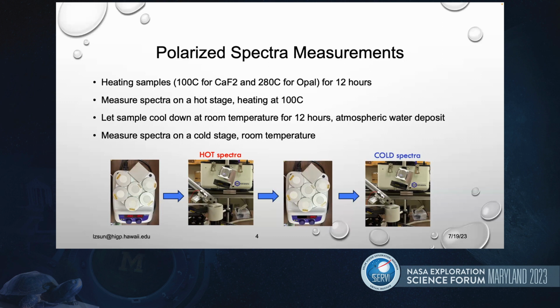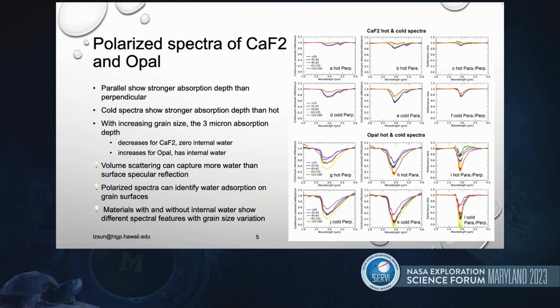Then we derived the hot spectra. Then we let the sample cool down at room temperature for 12 hours so the atmospheric water could be adsorbed to the surface of the grains. Then we measured the spectra at room temperature and derived the cold spectra. And let's go to the next slide.